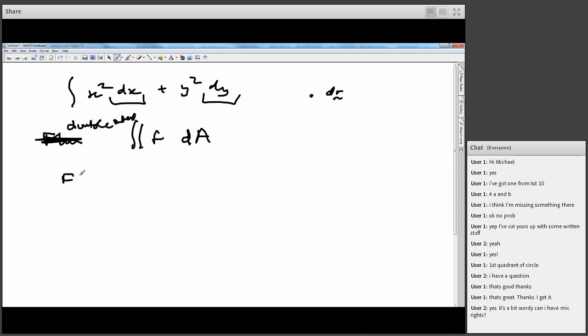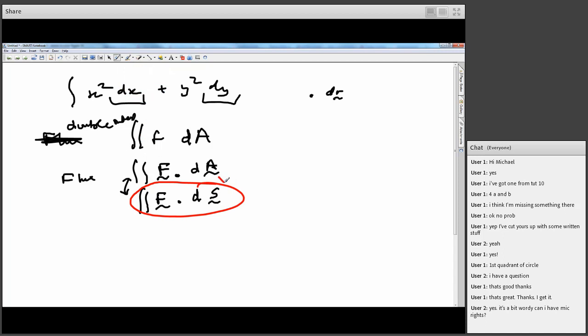To do flux, though, I really want to consider how a particular vector function is passing through a particular direction of a piece of area. And so I can write it in either way. These are synonyms for each other. So these two are the same. The confusion is because most of the time I use this notation, but it's actually the same as the top. So what does this really mean?